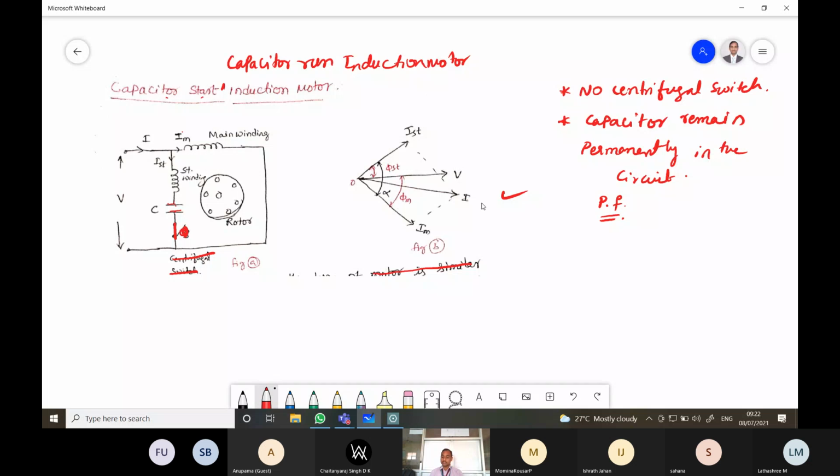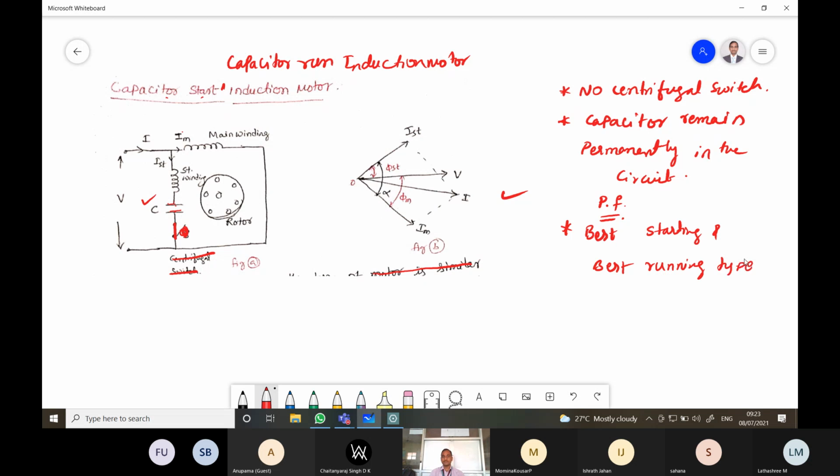The performance, not only at starting but also in running condition, depends upon the capacitor C. Hence its value is to be designed as a compromise between best starting and best running condition. So this type of motor has both best starting and best running.